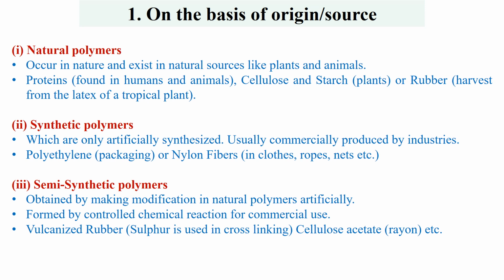For example, vulcanized rubber, which is of natural origin, is cross-linked by the use of sulfur. The modification is done artificially, so it is an example of semi-synthetic polymers. Another one is cellulose acetate. That is, cellulose is modified. It is called rayon.